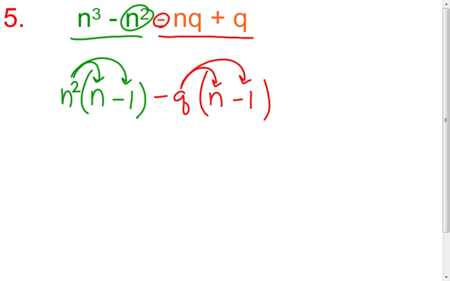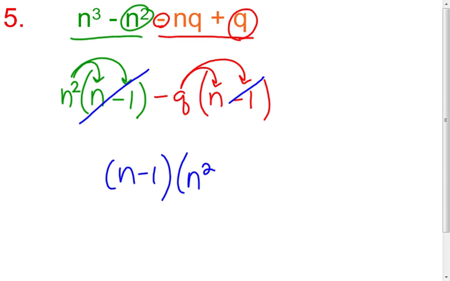Again, you have to figure out what you would need to multiply to get this last term back. So don't leave it blank, make sure you put the 1 in there. Okay? And then, of course, both terms have an n minus 1 in them. So if I pull an n minus 1 out of there, I have n squared, and if I pull an n minus 1 out of there, I have negative q. And that's how this factors.